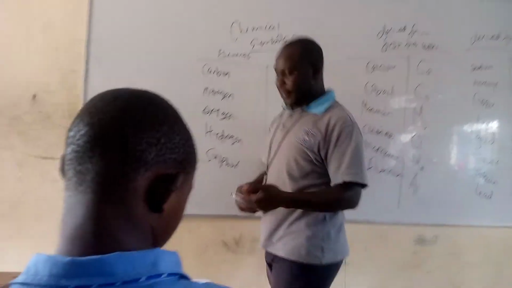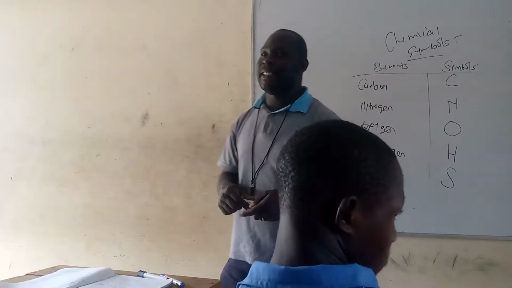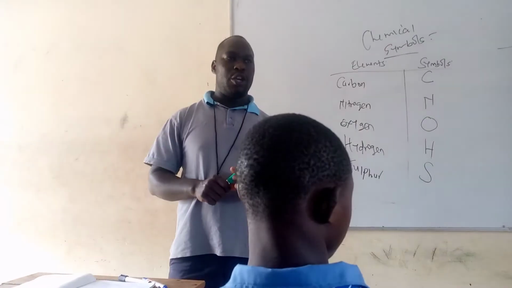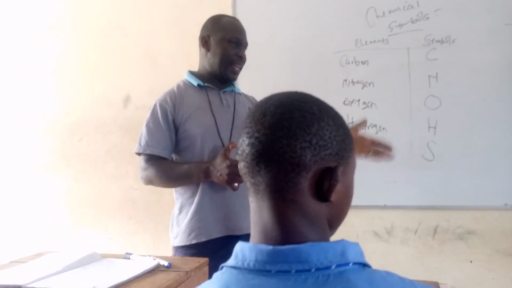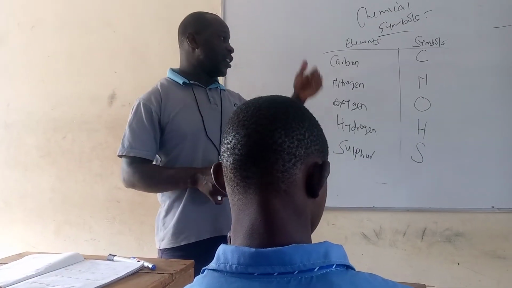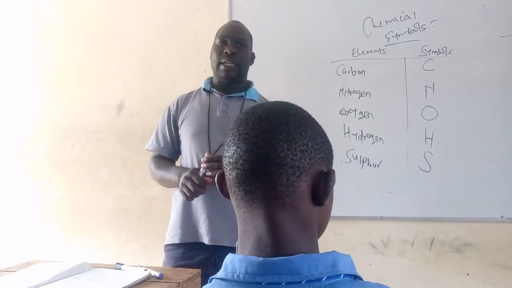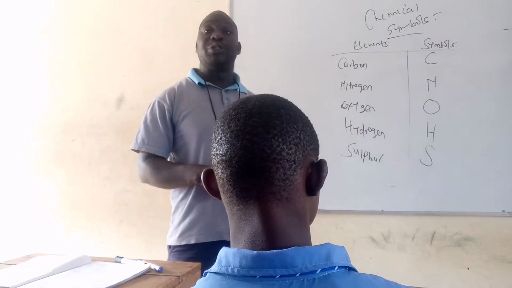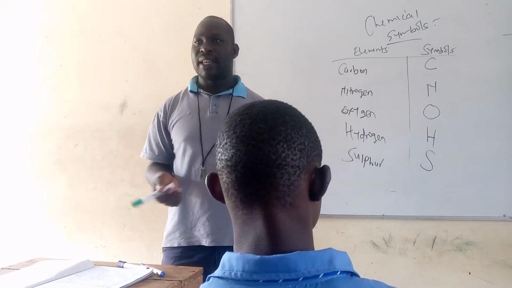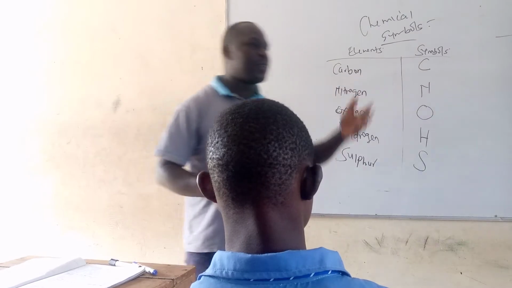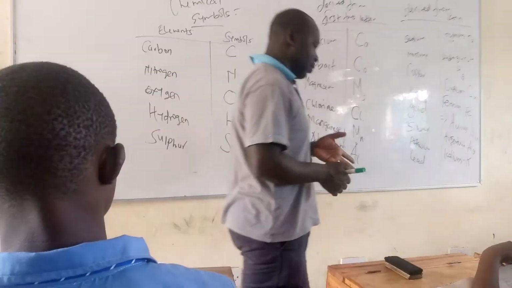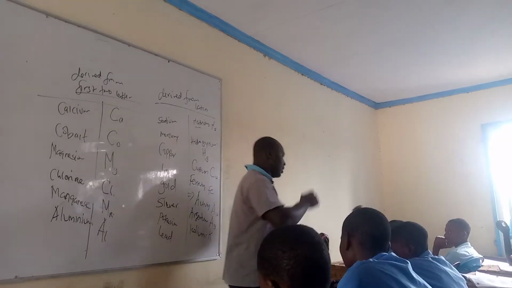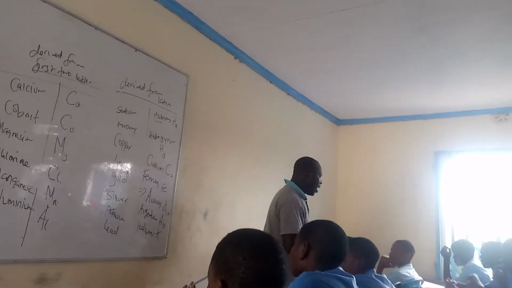So when we are asked about writing chemical symbols, you need to know what you are writing. I'm sure after the end of this topic, someone can meet you out there and just ask you a question. What is the chemical symbol of sodium? You need to understand. You tell the person it is Na. And then the person will ask you, why not So?